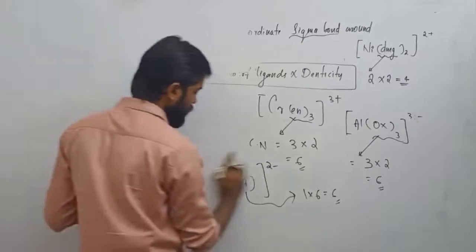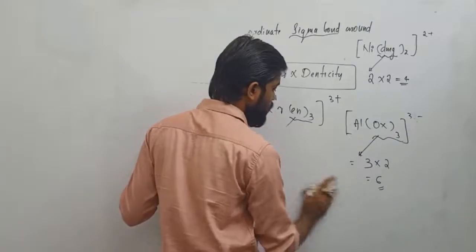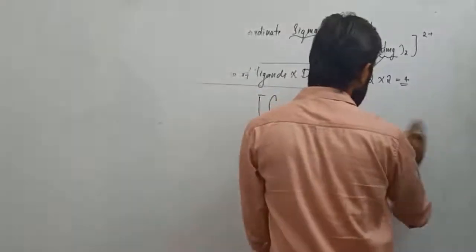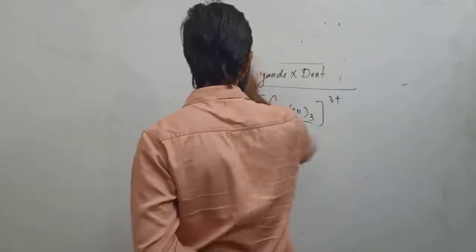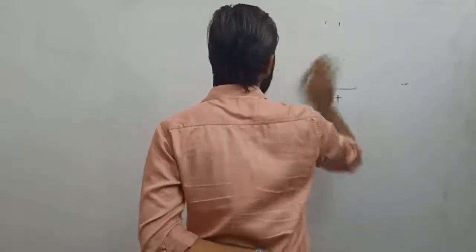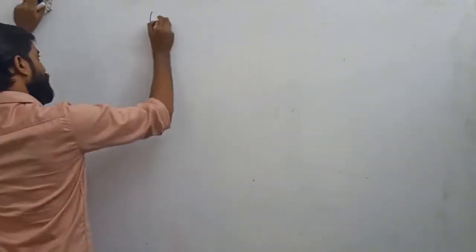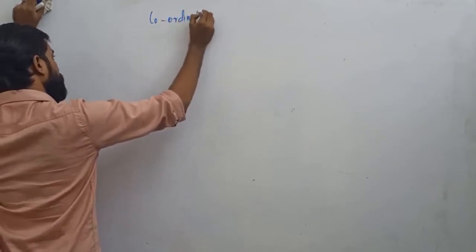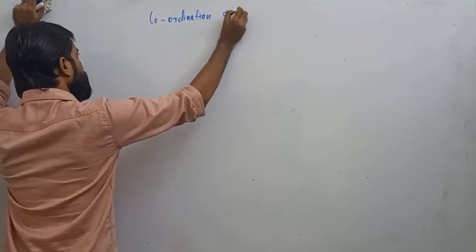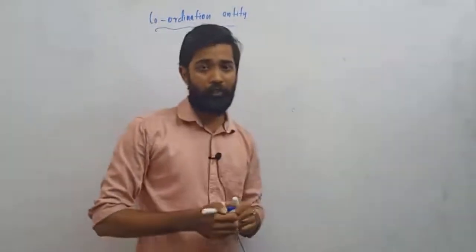And I'll give you one more important term, that is coordination entity. Coordination entity, it's a very easy concept. Entity means a collective set, a collective group is said to be an entity, right?